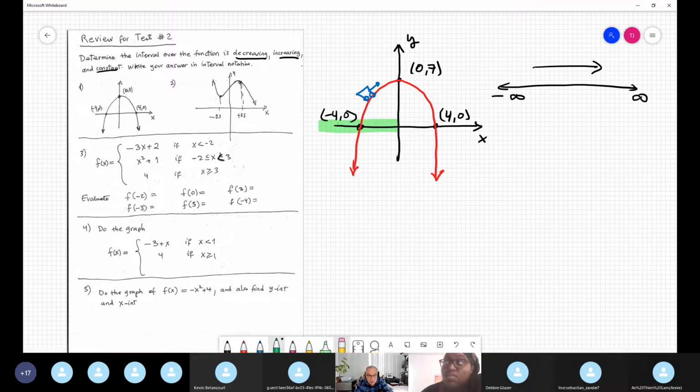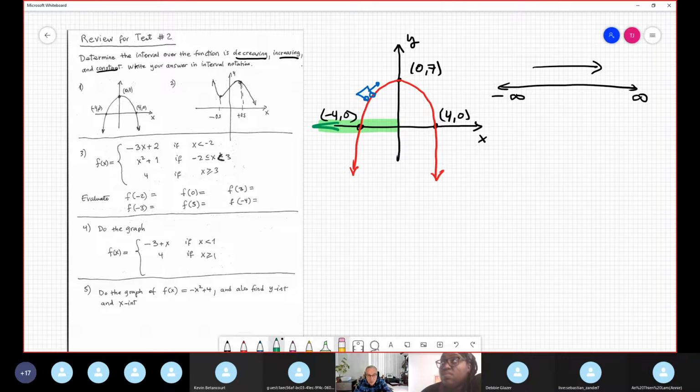This is an increasing function. So this interval is from -infinity to 0, not including 0. Let me explain why we don't include 0.